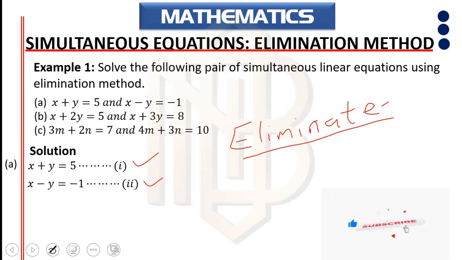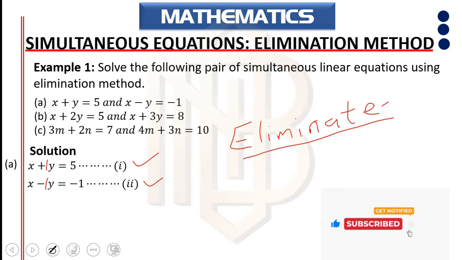Now, depending on the one we are deciding to eliminate, for instance, if I say I want to eliminate y here, that's where the issue arises of the variable we are trying to eliminate already having different signs but the same numerical value. What I mean is, there's 1 there as the coefficient, this is also 1, so that's plus 1 and minus 1.